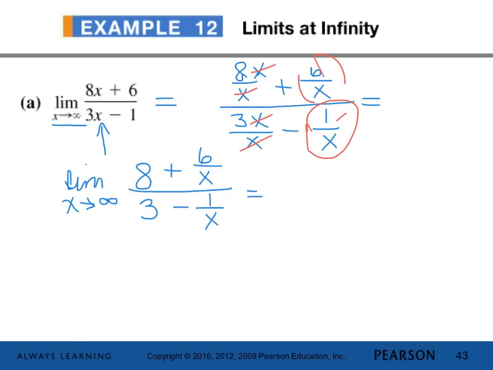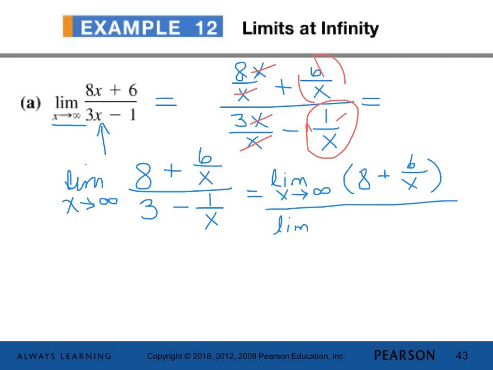And that's going to be equal to the limit as x approaches infinity by the rules for limits of this expression, 8 plus 6 over x, divided by the limit as x approaches infinity of 3 minus 1 over x.